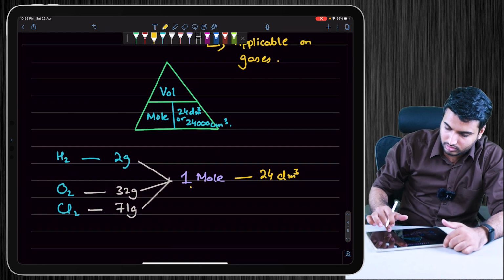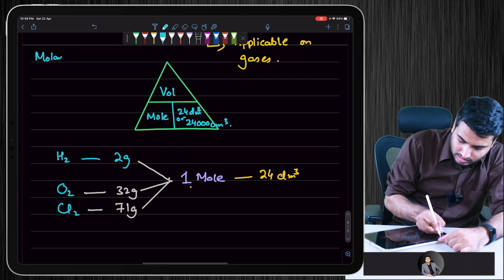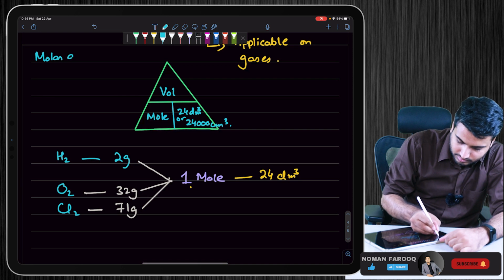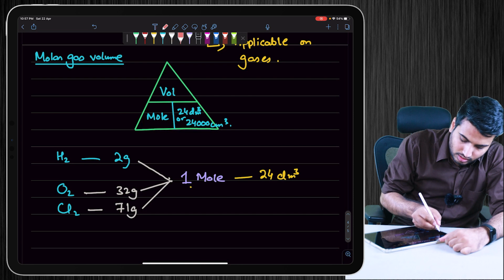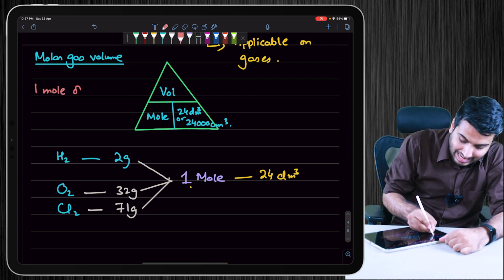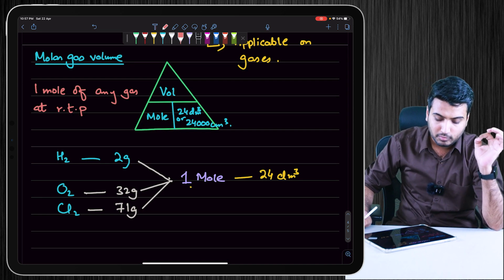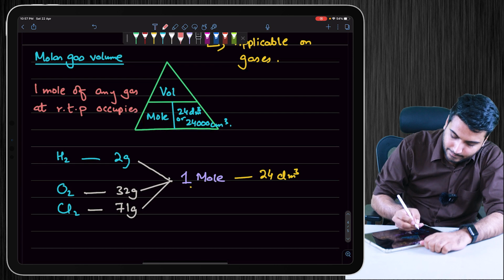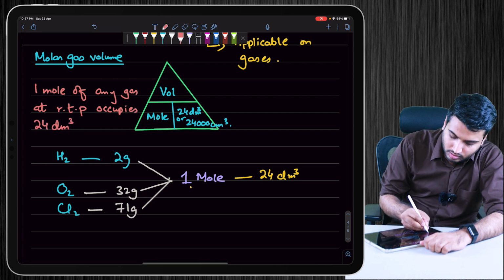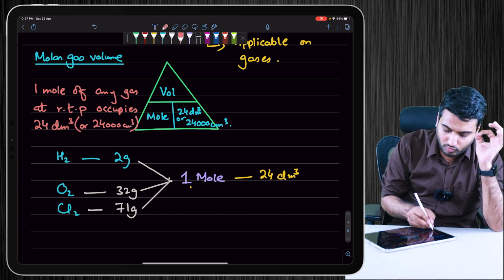The definition of molar gas volume: 1 mole of any gas at room temperature and pressure occupies 24 dm cube, or 24,000 centimeter cube, volume.